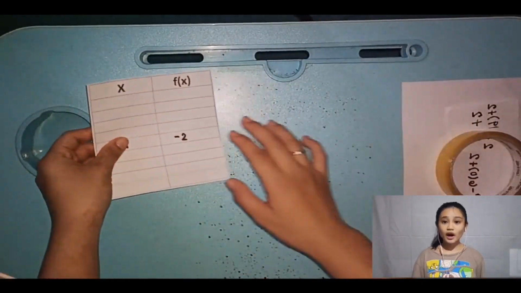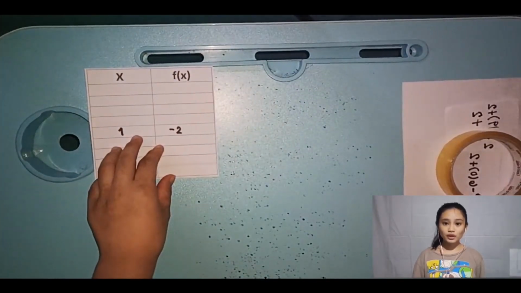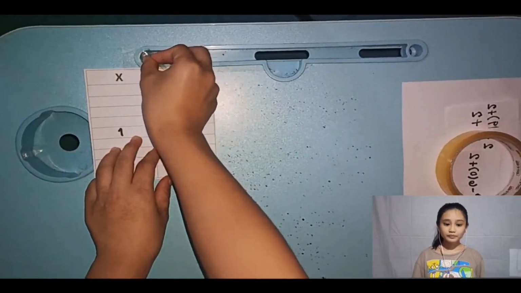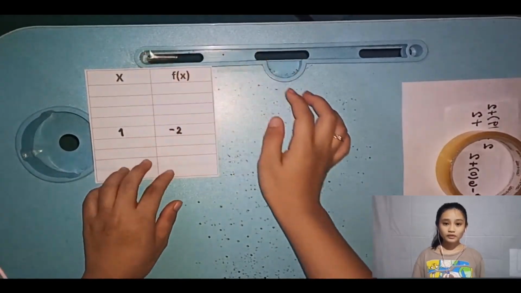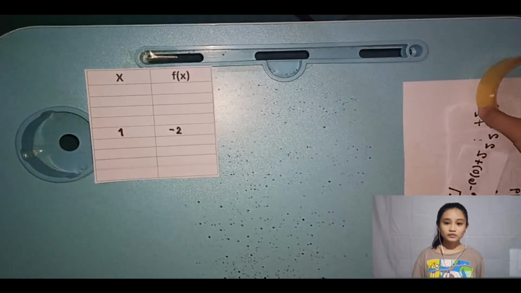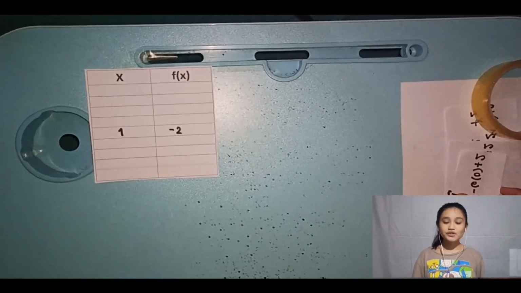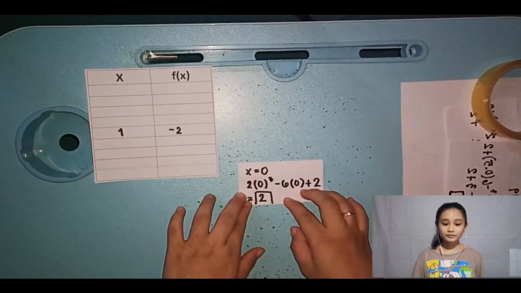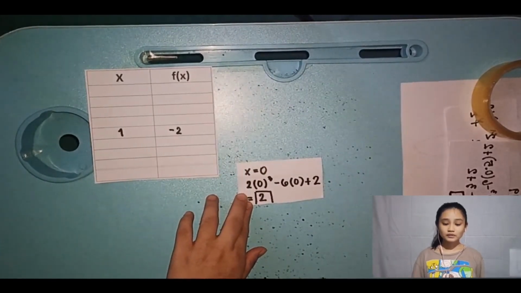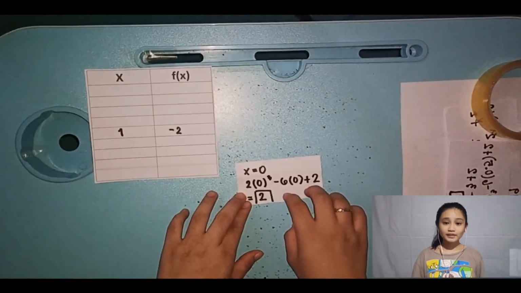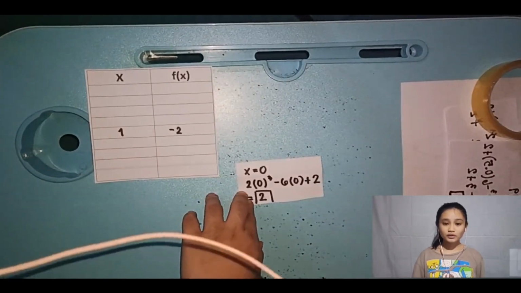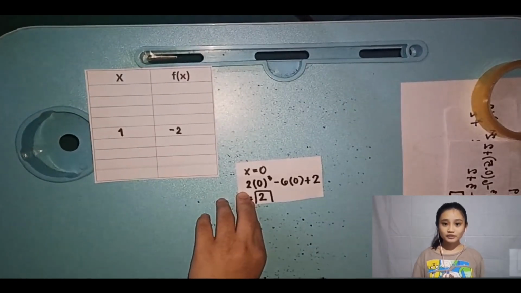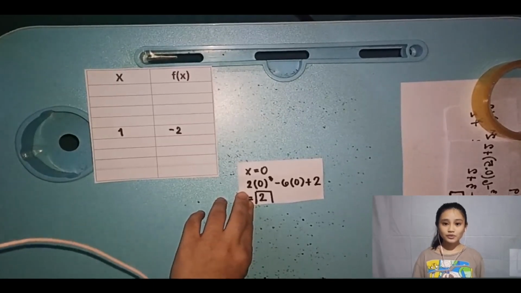So this is our table of values. Let's start with something like 0. Let's write the 0 onto the x part of the table of values.